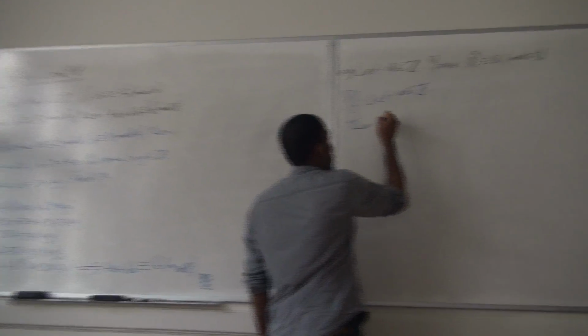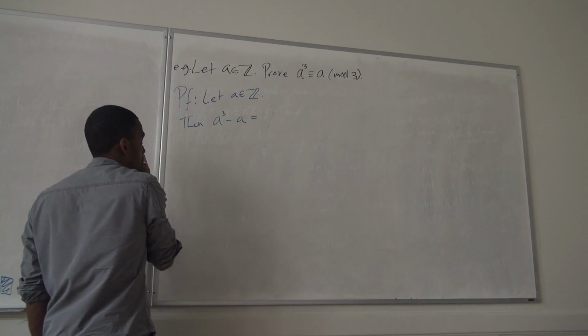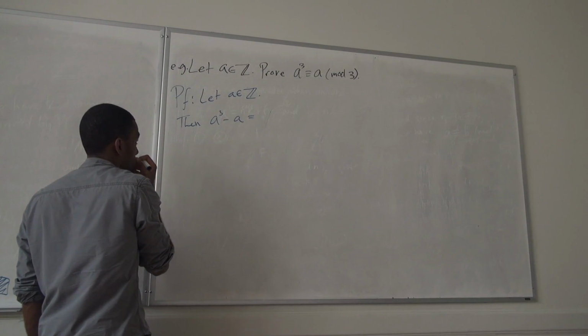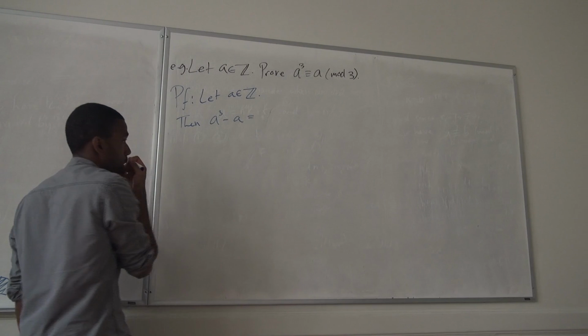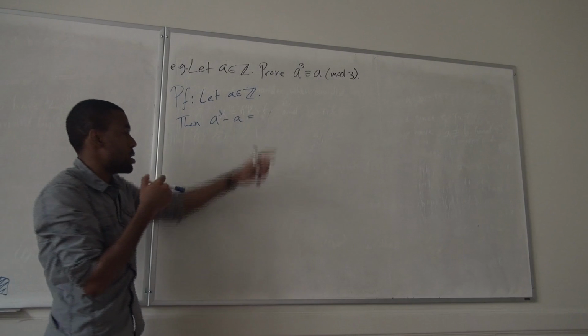Then, if we look at a cubed minus a, what can we do with that? We can't say it's 3 times x. That's what we're trying to prove, right? So assuming that this is 3x would be begging the question.